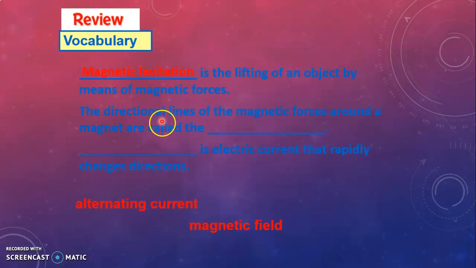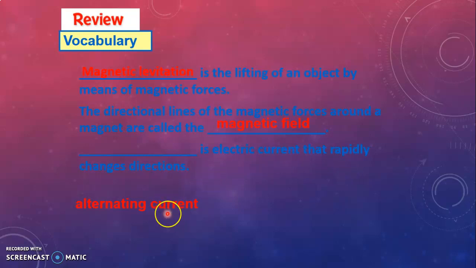Number 2. The directional lines of a magnetic force around a magnet are called the... Las fuerzas direccionales en un imán, ¿cómo se llaman? They are called the magnetic field, el campo magnético. Number 3 is electric current that rapidly changes direction.